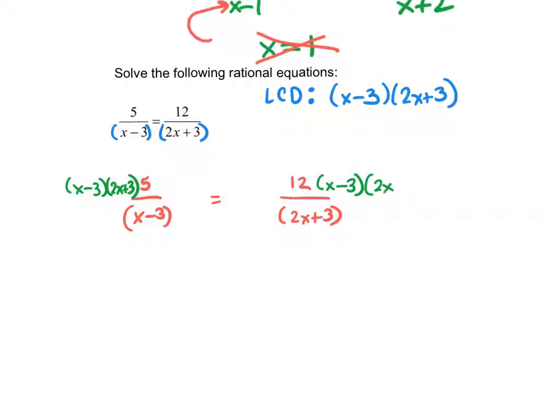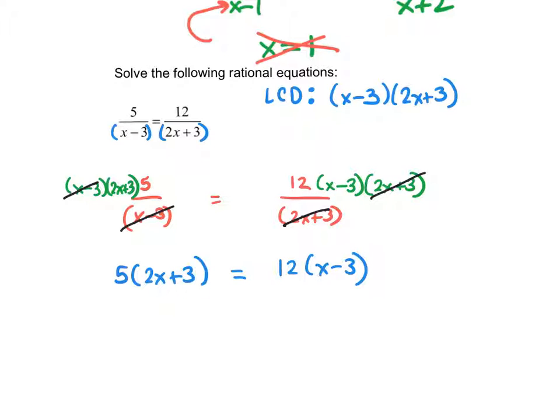If something didn't have a denominator, I'd still multiply it to that. Now we see that the 2x plus 3's will cancel, and the x minus 3's will cancel in each one. So what I'm left with now is 5 times (2x plus 3) equals 12 over (x minus 3).